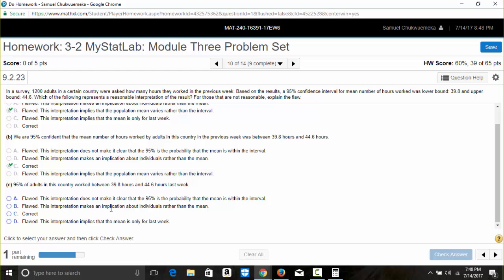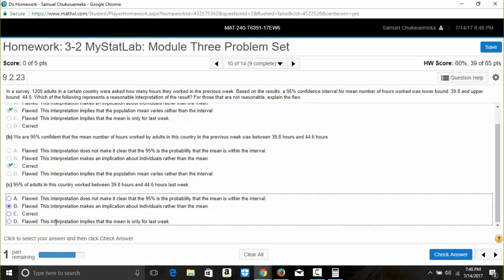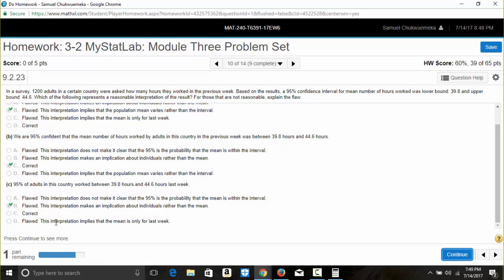This interpretation makes an implication about the individuals rather than the mean. Because it says the 95% of the adults, so it's not making anything about the mean. Okay, so this is flawed. That's why it's making an implication about the adults rather than the population mean.